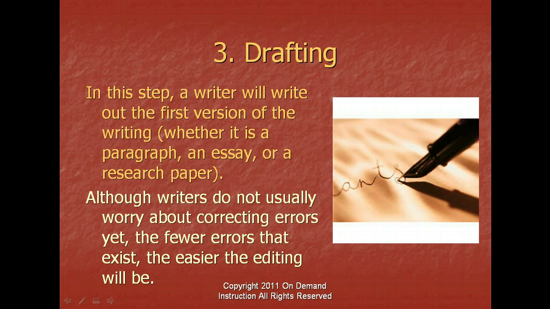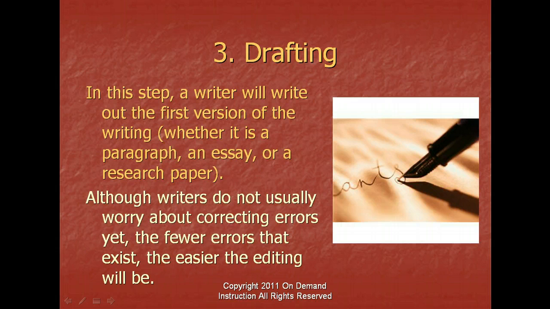The third step in the writing process is called drafting, or rough drafting. In this step, a writer will write out the first version of a piece of writing, whether it is a paragraph, an essay, or a research paper.